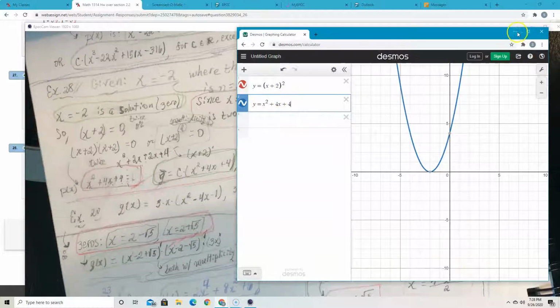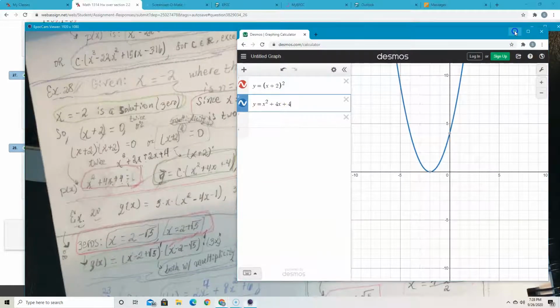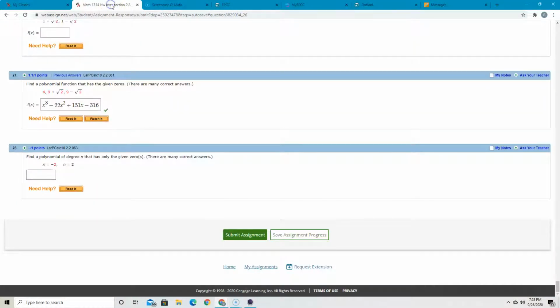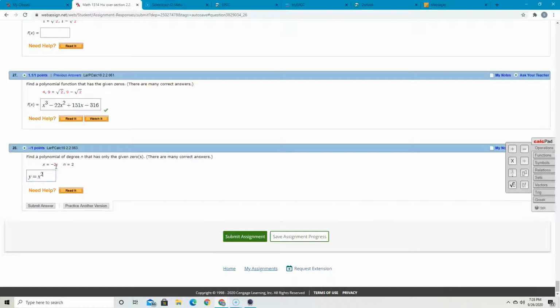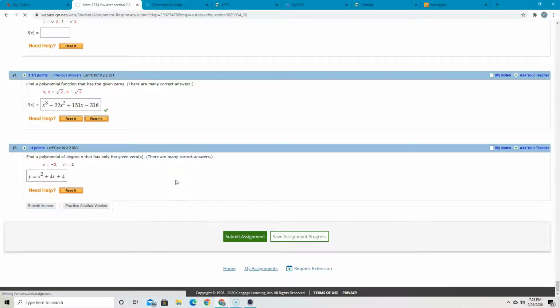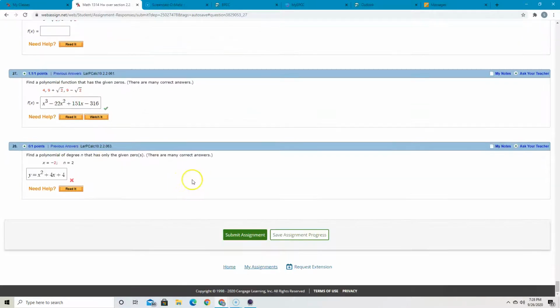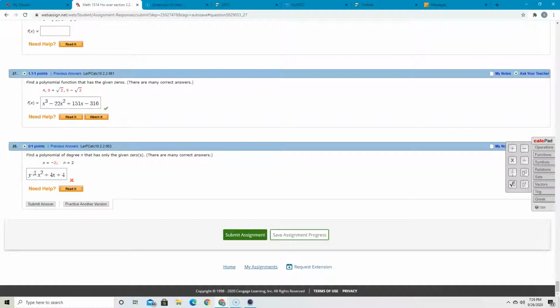Let me first finish the WebAssign part so that we can get that out of our mind. Right here, we'll just type it in. y equals x squared plus 4x plus 4. Maybe it doesn't want the y equals part.